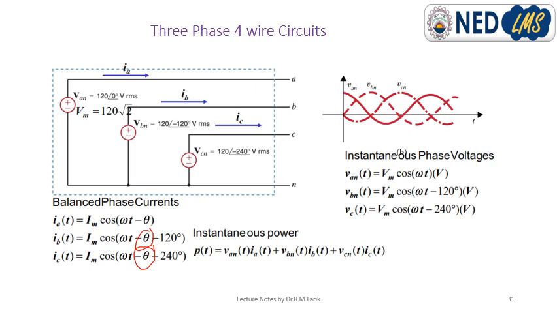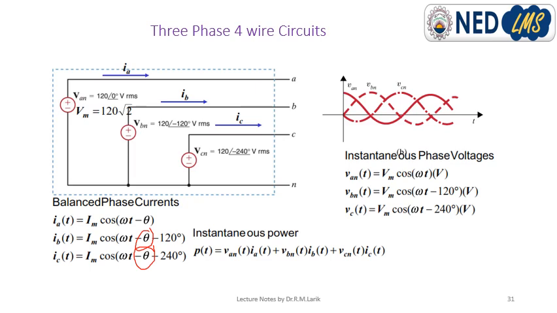So due to the inductive nature, the current lags the voltage by some angle. That's why in the current equation you see the angle appears, that is minus theta. In the voltage equation, it doesn't have any angle. The first voltage is taken as a reference, so 0 degree. Then the second voltage is 120 degrees apart, minus 120. The third voltage is minus 240 as compared to the first voltage.